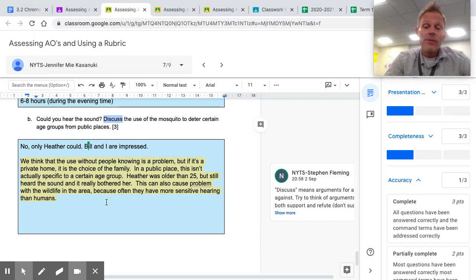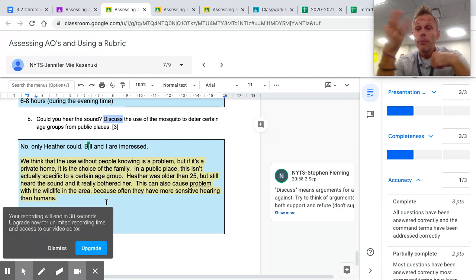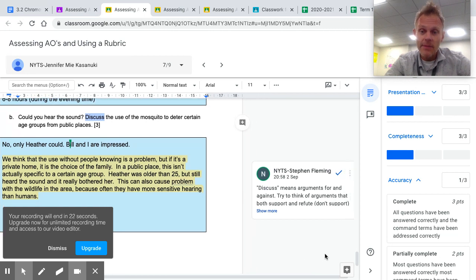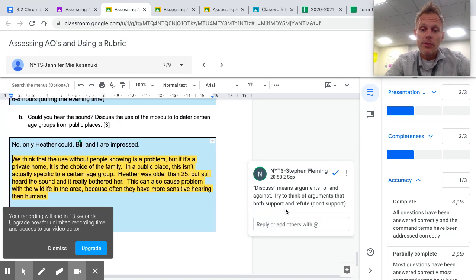They didn't get full credit here because when you see the word discuss, you need to talk about the positives and the negatives, the pros and the cons, the arguments for and the arguments against. And if you see here, I wrote that discuss means arguments for and against. Try to think of arguments that both support and refute the statement.